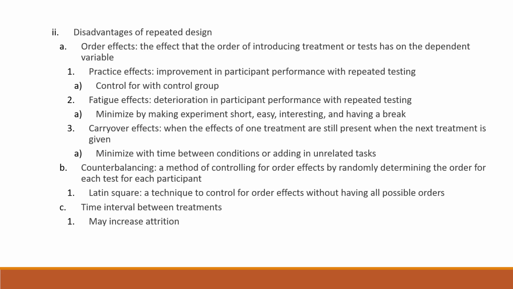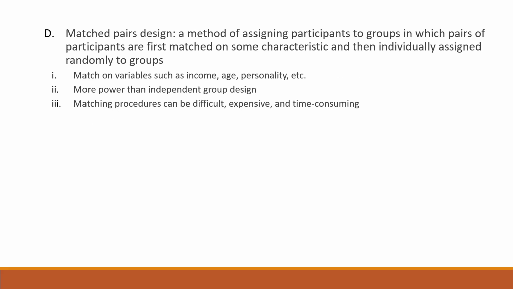In addition to counterbalancing, we can also have a time interval between conditions, essentially building in a rest period. Going through each of those conditions in a single day would be incredibly tiring. Instead, maybe you have participants attend a session once a week, getting a different treatment each time. However, the longer the study is, the more attrition you may have.